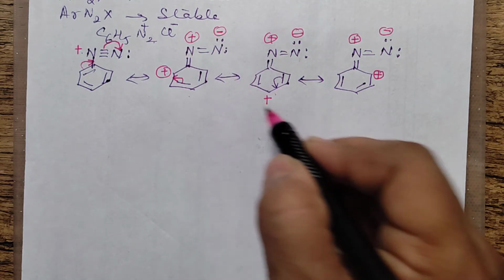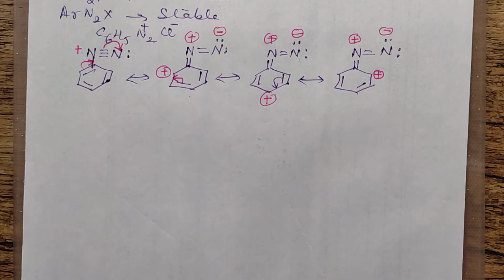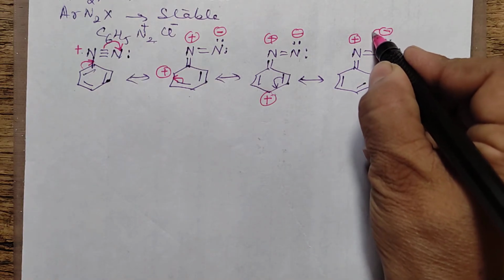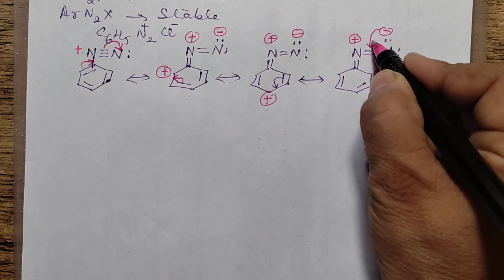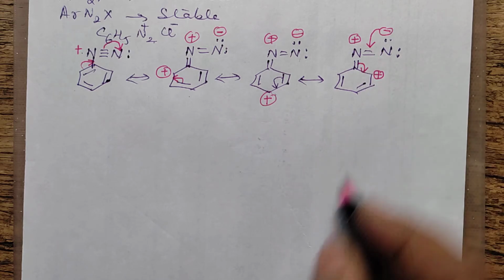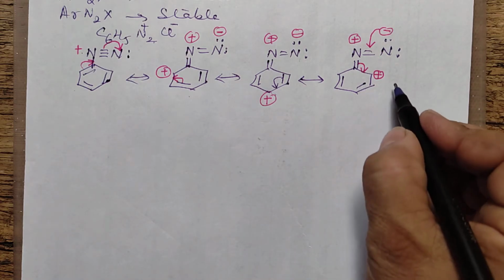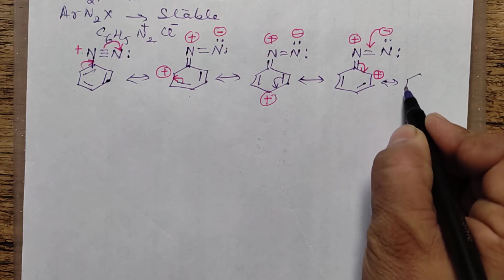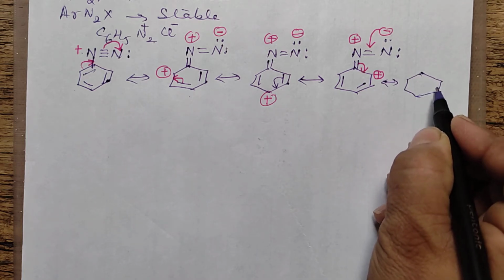Okay. So now what you will have in the last structure is, this particular thing will come down. When this comes here, again the double bond, and this will again come down. So you can draw the final structure, and see this will be a ring.